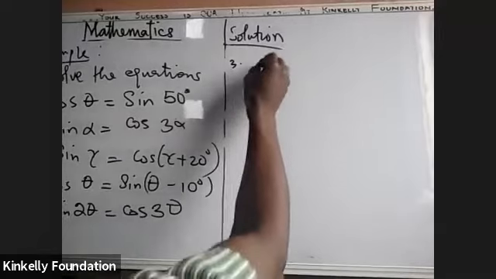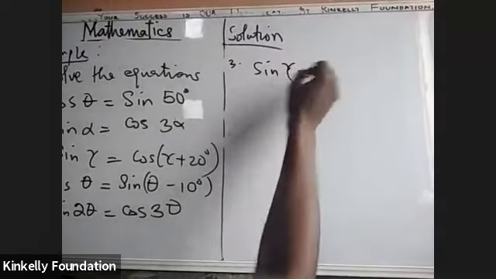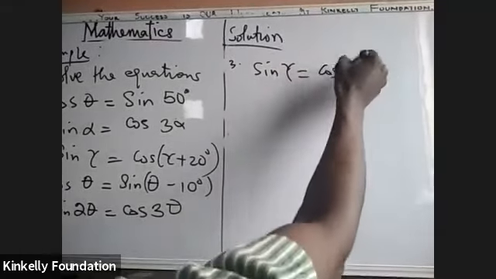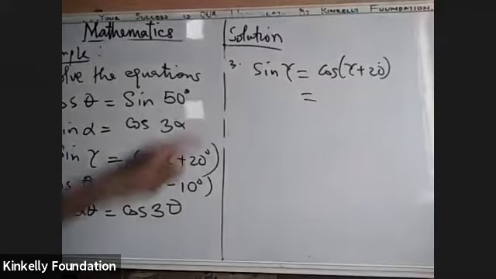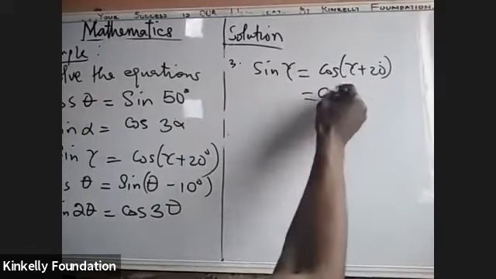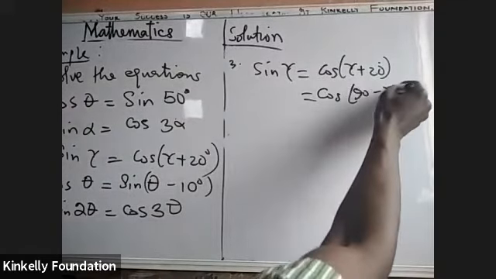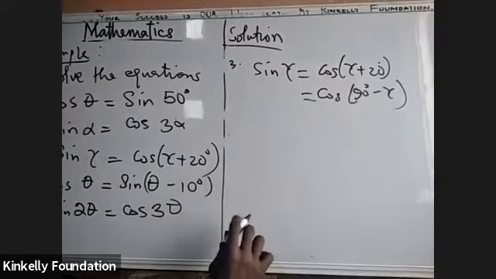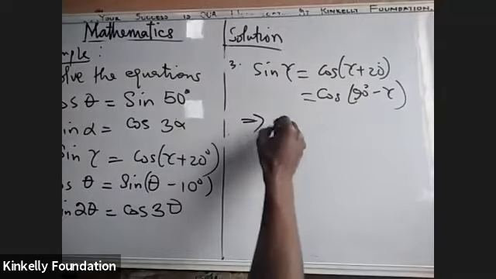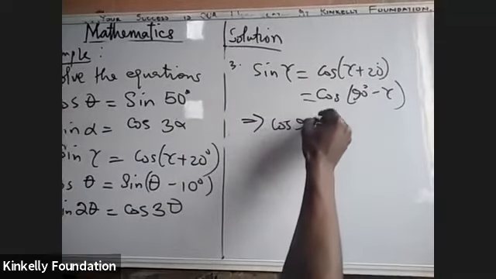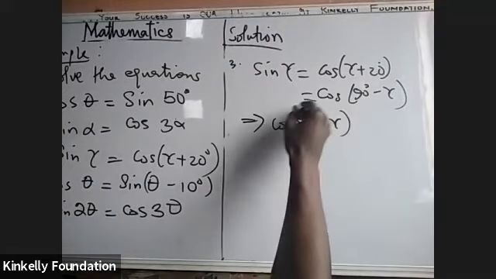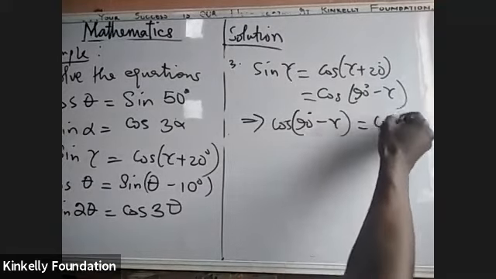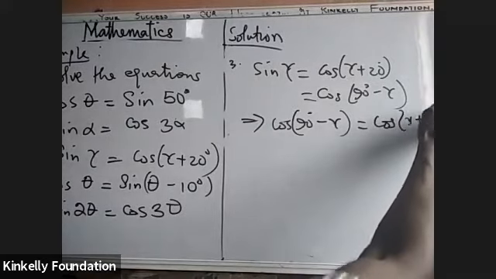Third one, sine gamma is equal to cos of gamma plus 20 degrees. Now, you know what sine gamma is: cos of 90 minus gamma. Which means cos of 90 minus gamma is equal to cos of gamma plus 20.